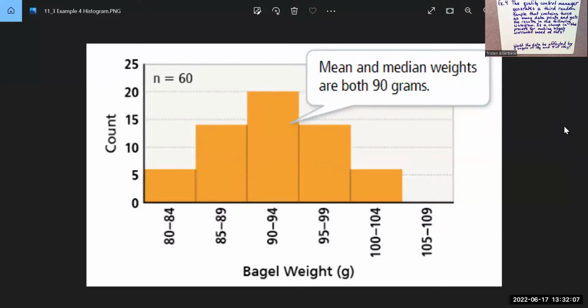All right. So we have the mean and median bagel weights are now at 90 grams each. We have a sample size here, n equals 60. So it looks like we can guarantee a bagel from 80 to 104 grams. But again, our mean and median weights are the same.